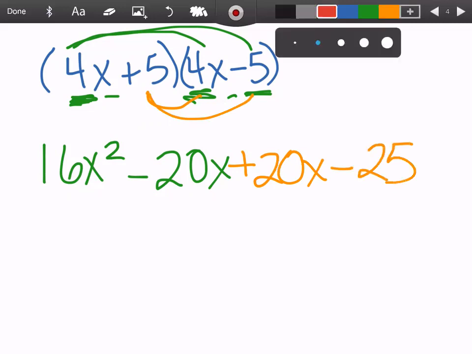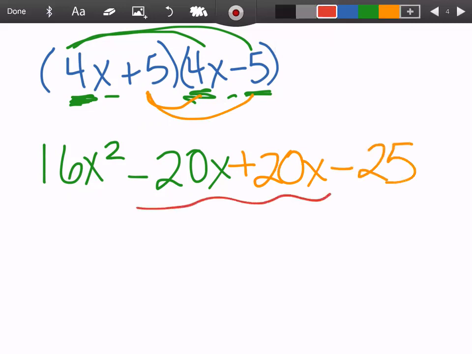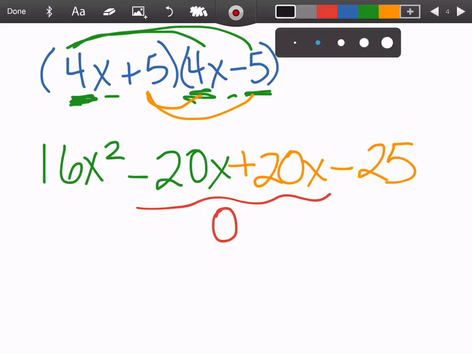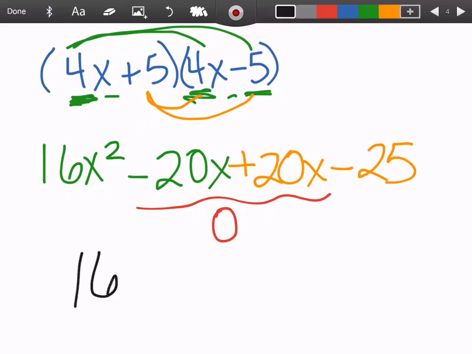Again, looking at these middle terms, they are like terms, so we combine them and we get 0 in the middle. So we do not have to write that 0. We end up with 16x squared minus 25. And we're done for these examples.